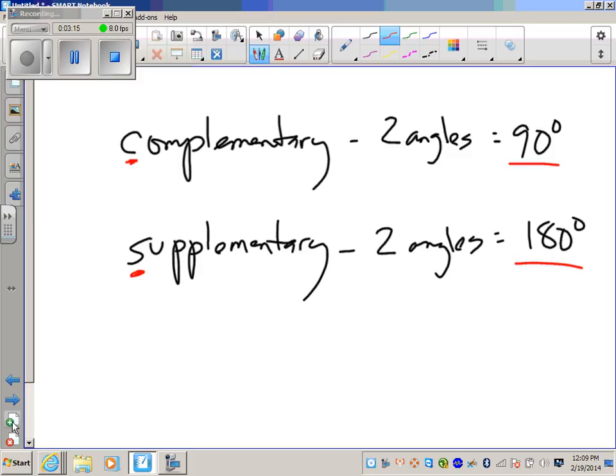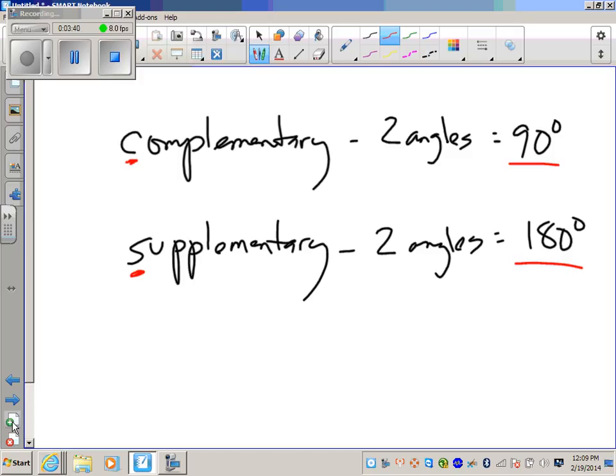So two angles that equal 90. So that could be, if I have one angle that's 50 degrees, its complement is going to be how much? If the two of them together equal 90, I've got one at 50, the other has to be 40. Because 50 and 40 give me 90. We would call that its complement.